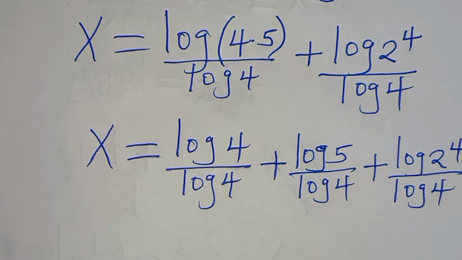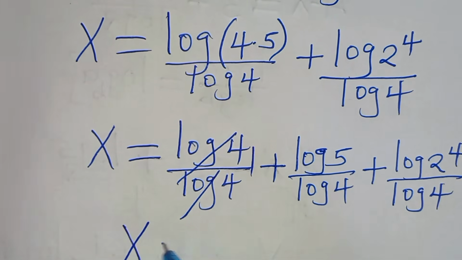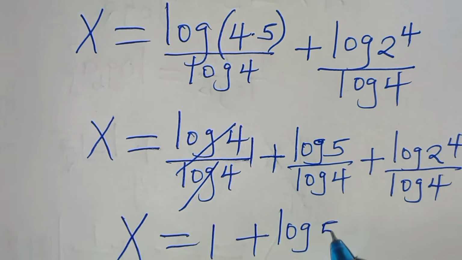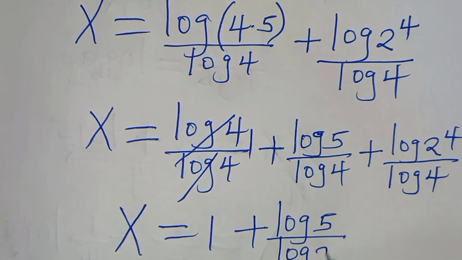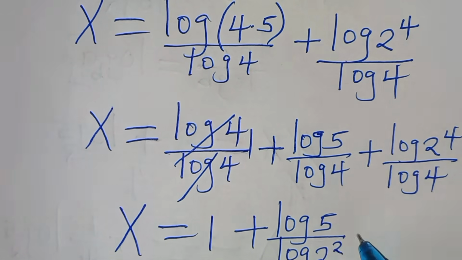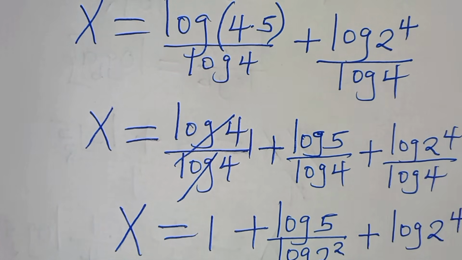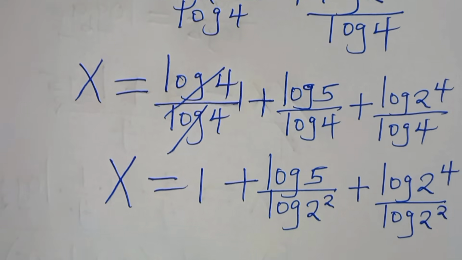Now we can simplify log 4 and log 4. This means we have 1, so that x is equal to 1 plus log 5 divided by log 4, which is log 2 raised to the power of 2, then plus log 2 raised to the power of 4 divided by log 4, which is log 2 raised to the power of 2.